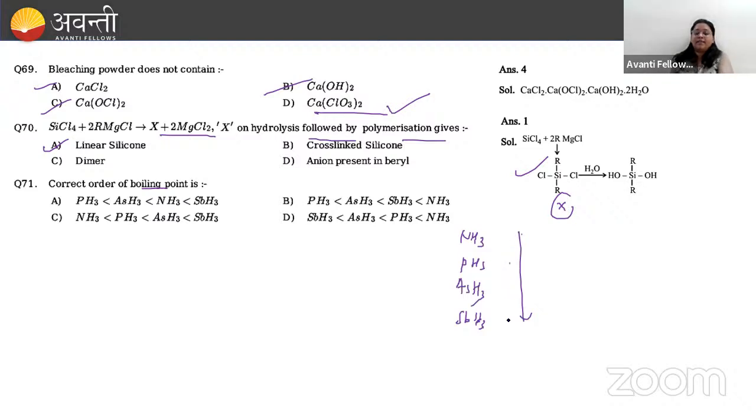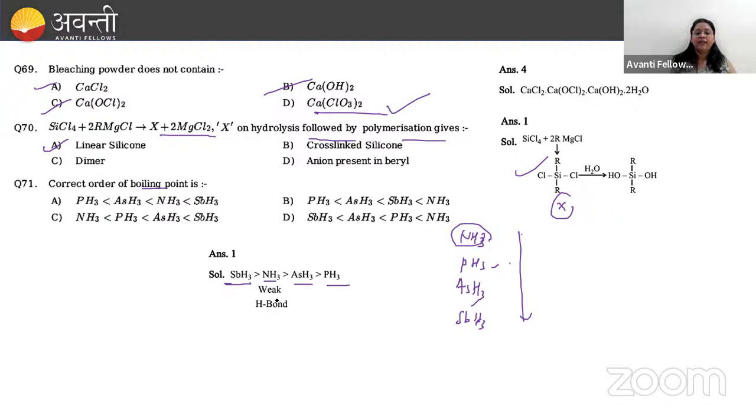But here, due to the hydrogen bonding present in NH3, it has more boiling point as compared to PH3, and that's why the order becomes like this: SbH3 is highest, then NH3, then AsH3, then PH3.